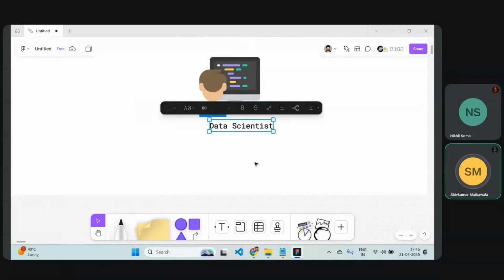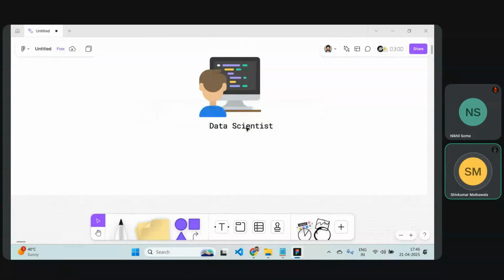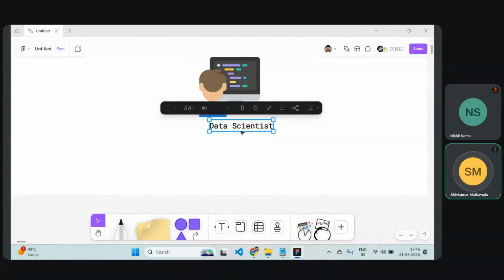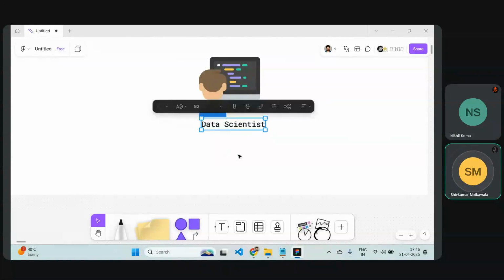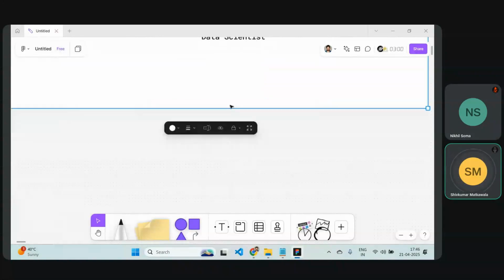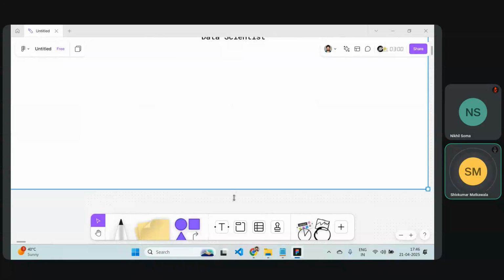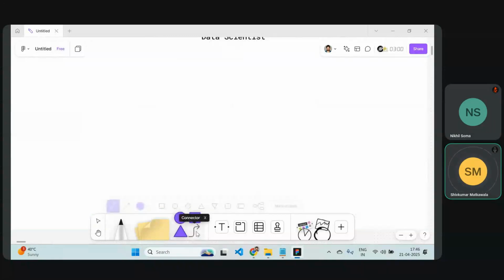So he's a data scientist, and I will create a simple x and y axis, so you will understand a little here the complexity of the data.